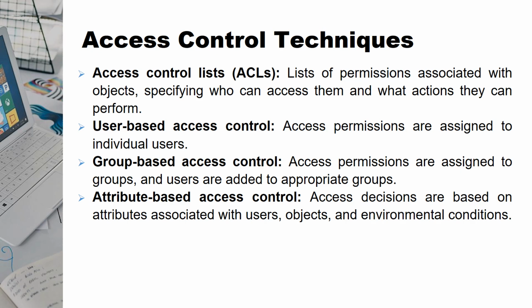Such as user location, the time of day, or the type of device being used. For example, you might only be allowed to access sensitive data from the office, not from home, right? So these are the access control techniques that we have: the access control list, user-based access control, group-based access control, and attribute-based access control.